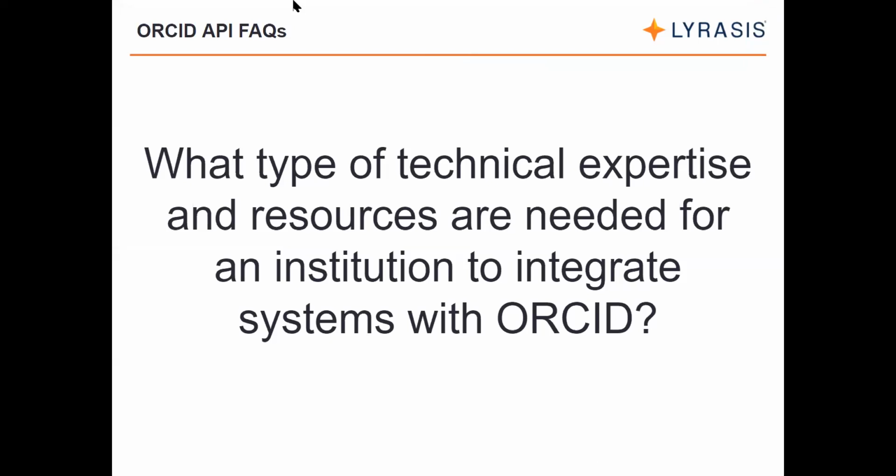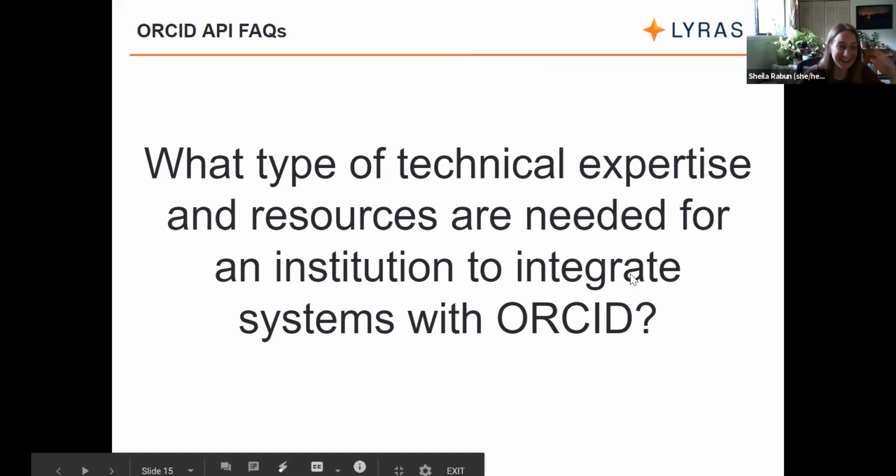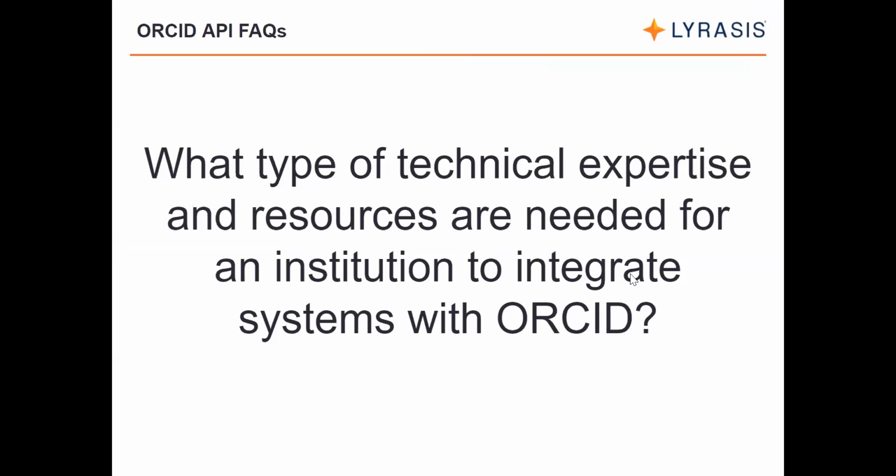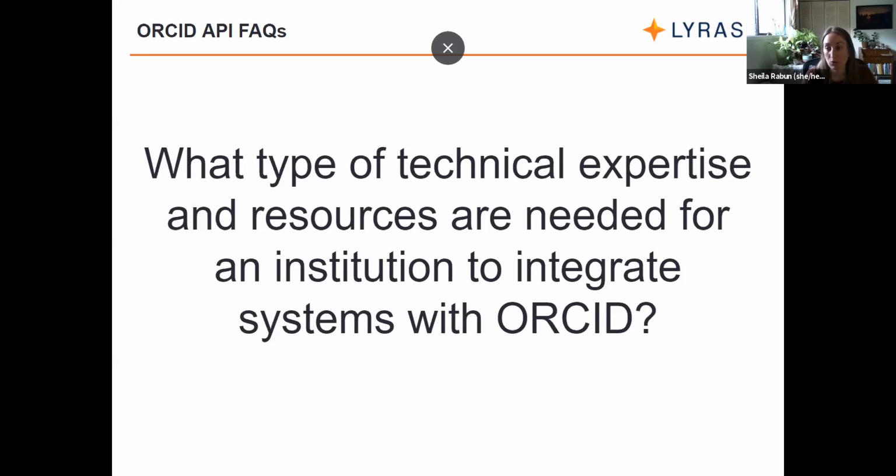I'm sorry, just to clarify, Sheila, I was talking about an organization, like a university, creating ORCID IDs for all of our researchers without their input. That's a great question, because when ORCID first got started, there was a pilot project with certain universities where they created ORCID IDs for all of their researchers.